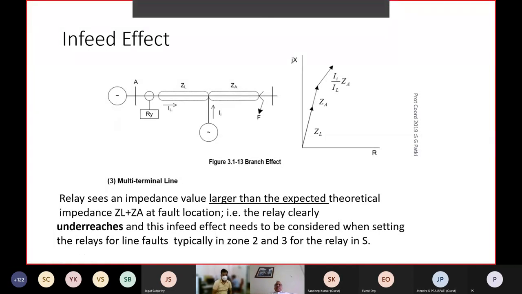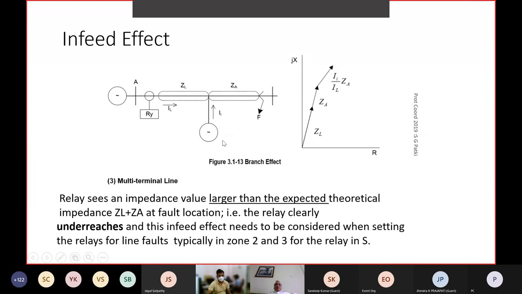The next problem which you face due to the system is on account of what we call the infeed phenomena. What is the infeed phenomena? If you have a multi-terminal line, you see there is a generating source here, there is a line going here, and there is a tap off where again a generator is connected. This problem is becoming more and more common now because of, say, renewable generation which is getting connected even at HV level or even EHV level.